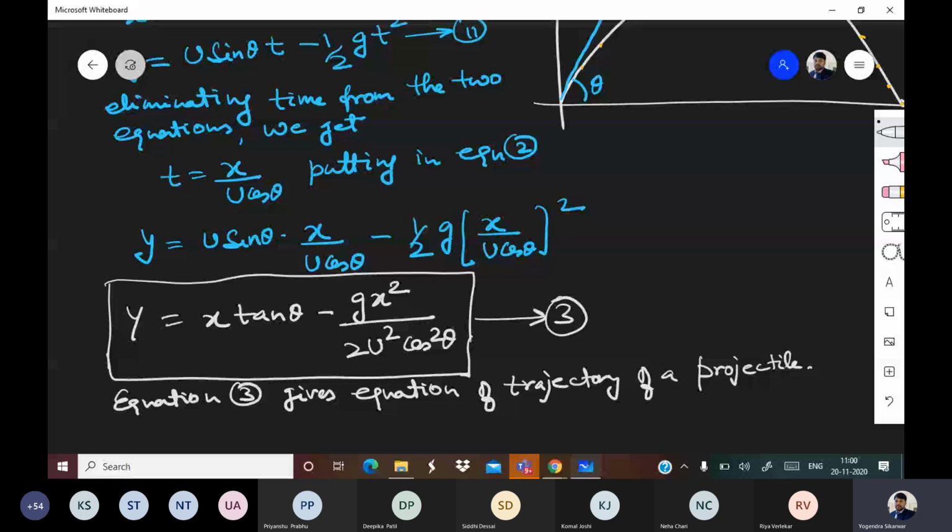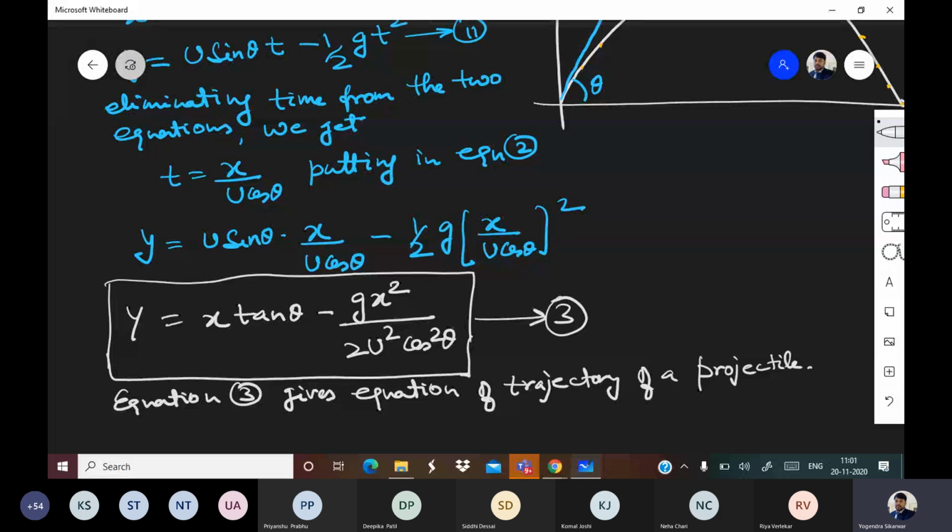Komal is saying, sir, so you remain same at each point. Which u? U was the initial velocity. The moment initial point is changing, u will change. U had its meaning that it is initial velocity.